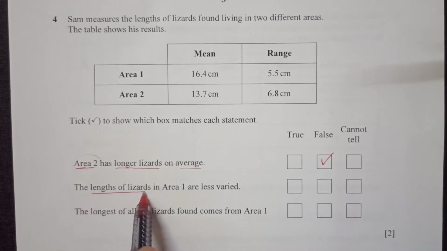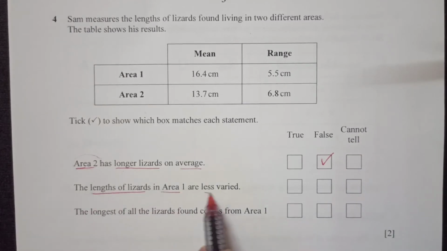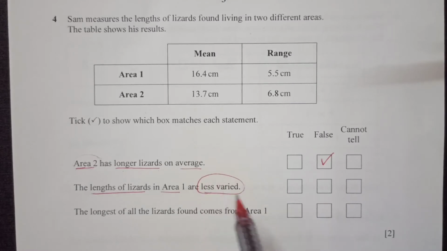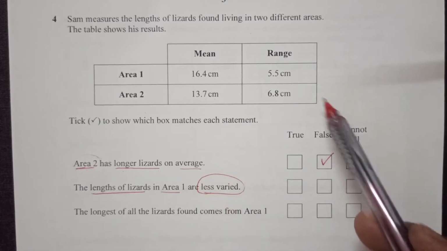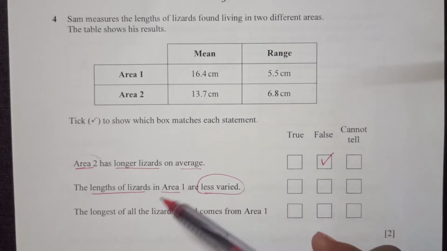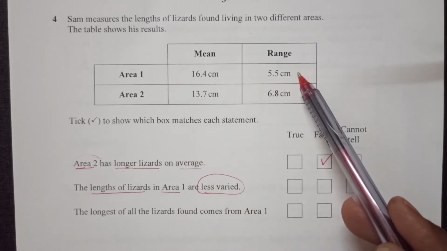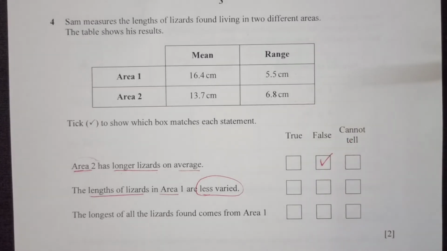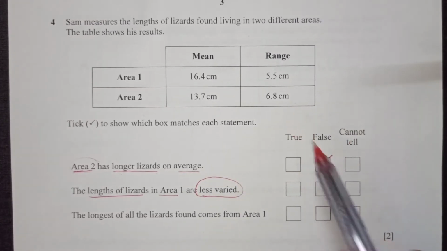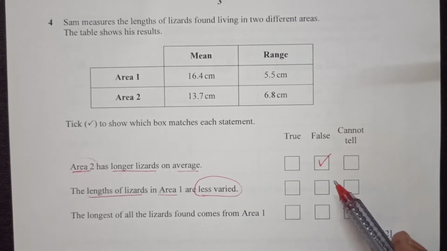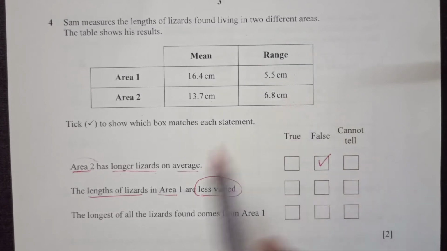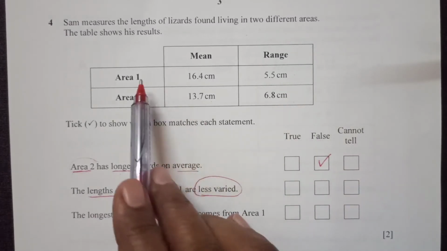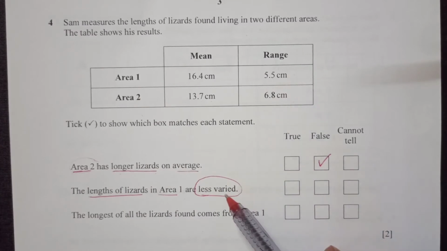Next, the lengths of lizards in area 1 are less varied. Less varied means the range should be smaller. If we see here, area 1's range is less than area 2's. So area 2's lizards are more varied. So this statement is true, since area 1 has less range, so less varied.